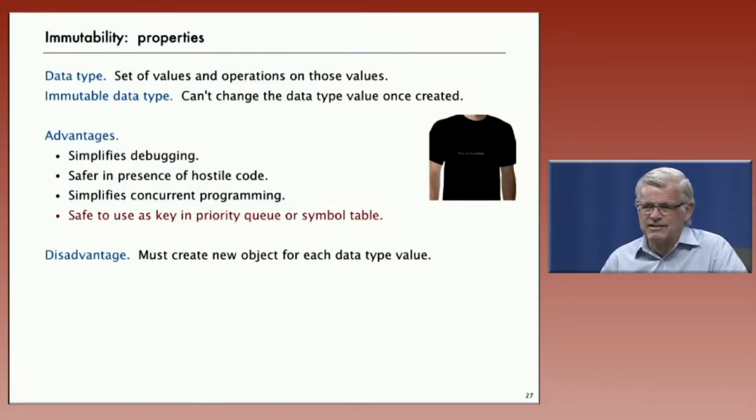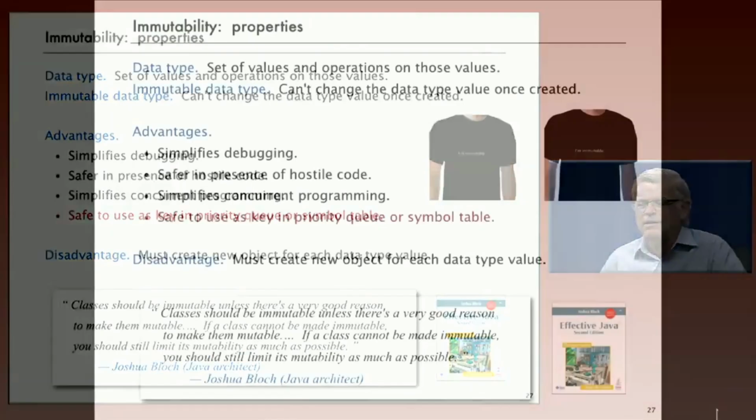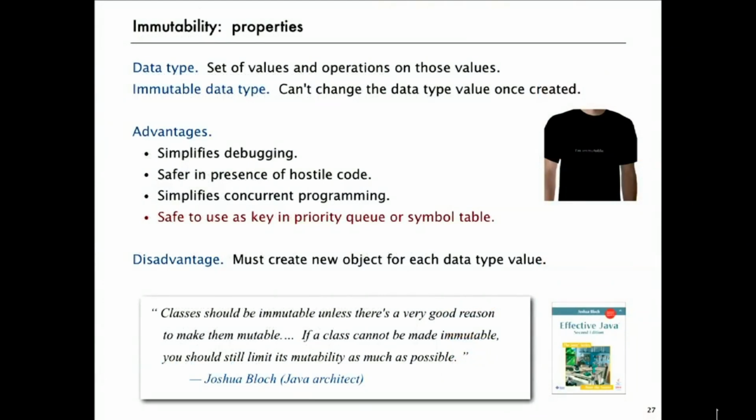There is a disadvantage that you have to create a new object for every data type value, but for a lot of applications that disadvantage is not viewed to be significant compared to the advantages. Here's a quote from one of Java's architects, Josh Bloch: Classes should be immutable unless there's a very good reason to make them mutable.